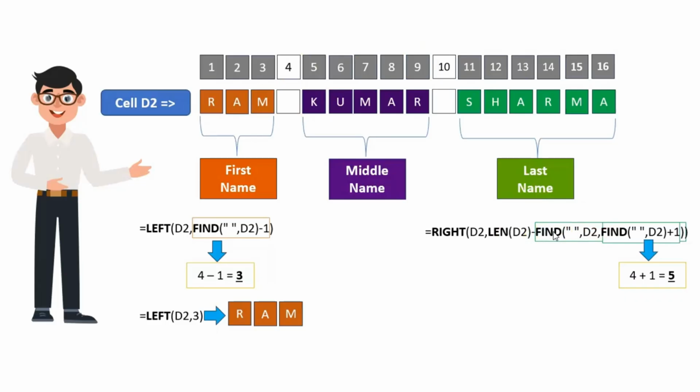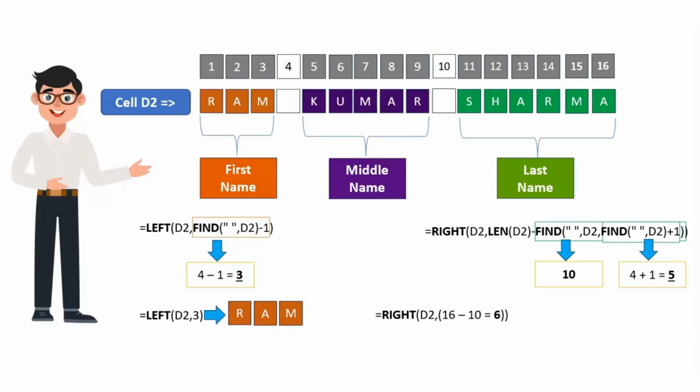The third argument in the find function represents the starting point from where the find function will start its search. So we are saying that since the third argument is 5, we will start our search from position 5 for the next blank space in the given customer name, and the next blank space is present at the position 10.